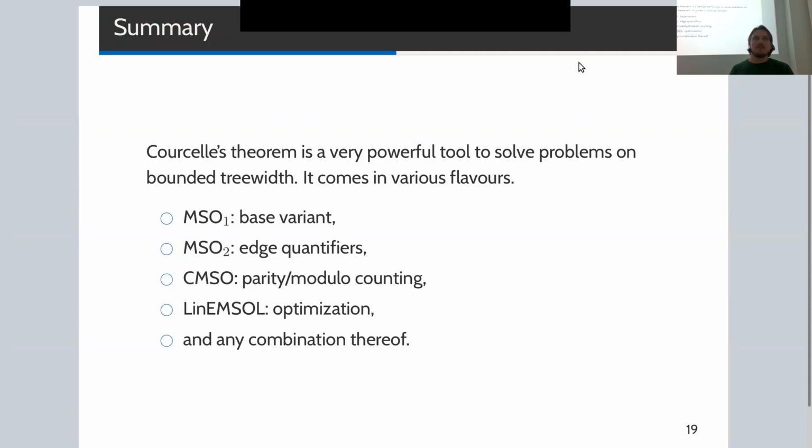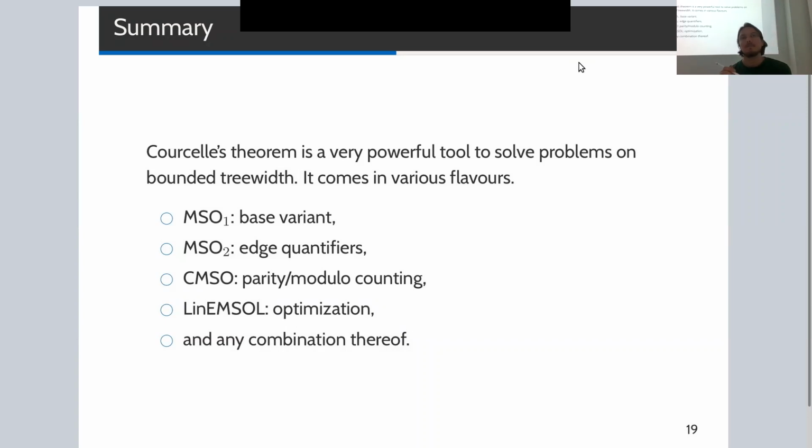And this can actually do a lot more. You can not just optimize the size of a set, you can also optimize some linear optimization functions. So if you have weights on these vertices and then optimize some linear combination of weights, this is also possible. And yeah, so we have a very rich family of variants of this Courcelle theorem. This version for LinMSol is basically the most general reference that you can find.